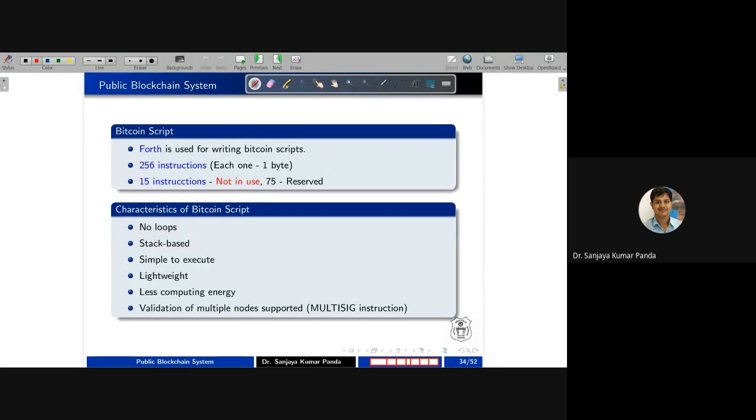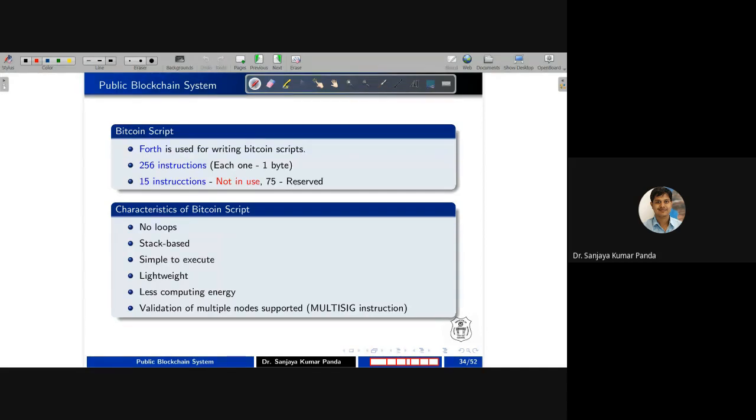Here, the Bitcoin script, this Forth programming language, has 256 instructions, and each instruction is 1 byte. But in the microprocessor case, you will get 2 byte instructions, 3 byte instructions. Here you will get 1 byte instructions. Out of these 256 instructions, 15 instructions are not in use, and 75 instructions are reserved, right?